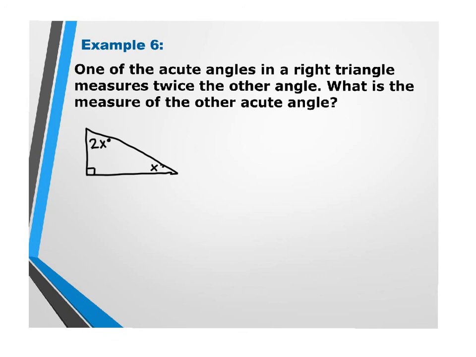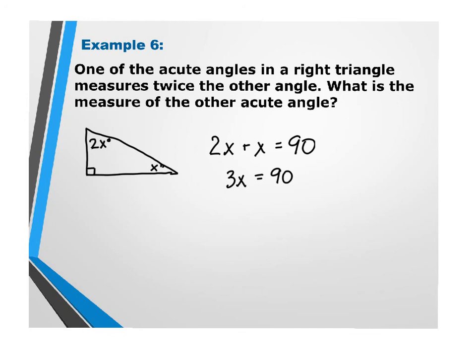Now, we need to find what the angle measurements are. What is the measure of the other acute angle? What is x? The corollary stated that these two angle measurements in a right triangle, other than the 90-degree marking, are going to be complementary. So they add up to 90 degrees. So 2x plus x equals 90. Get 3x equals 90.